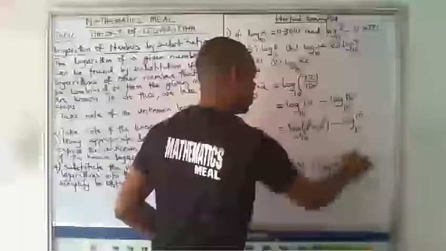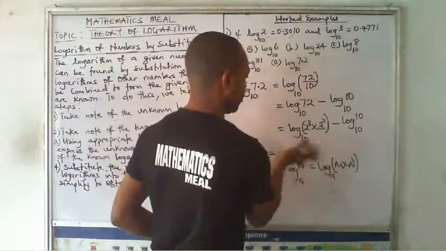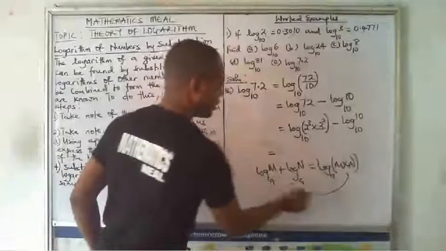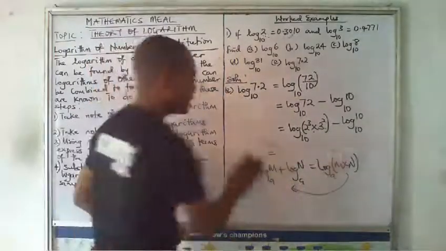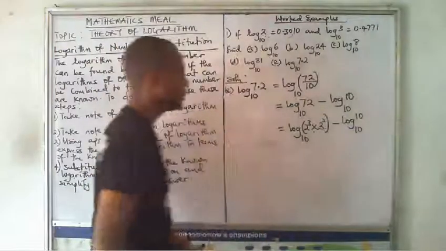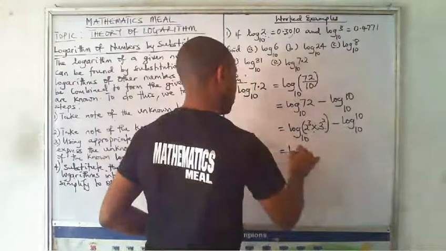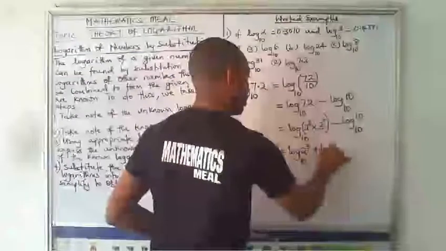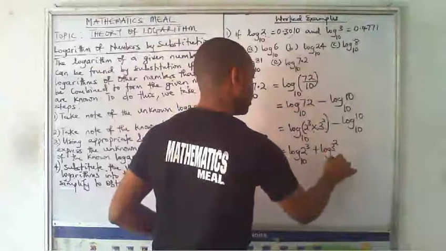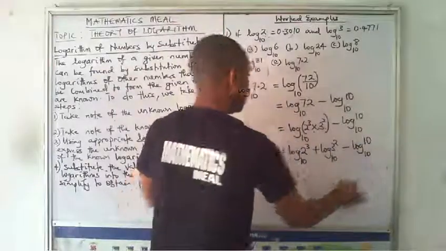So I can take this back to this form, and I'm going to have log 2 raised to the power 3 in base 10 plus log 3 raised to the power 2 in base 10 minus log 10 in base 10.